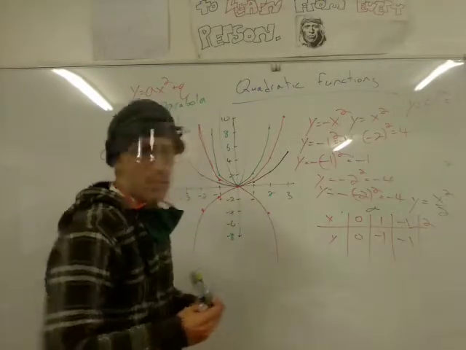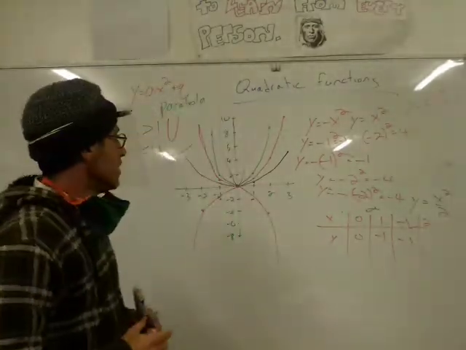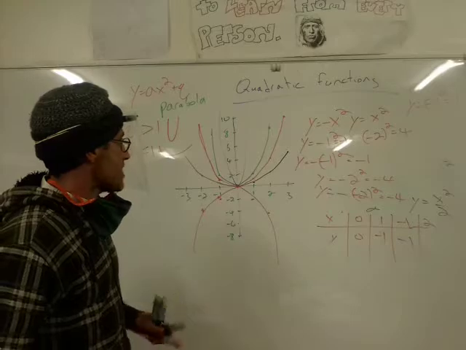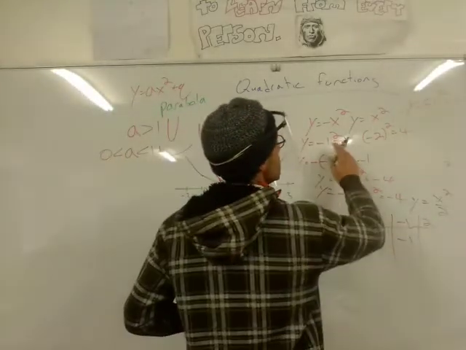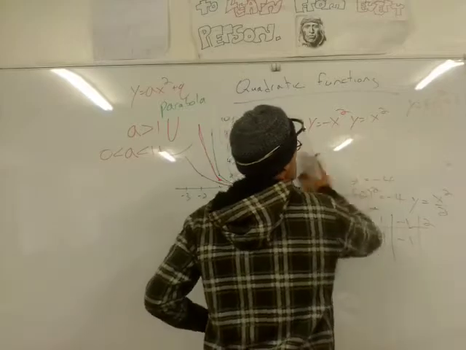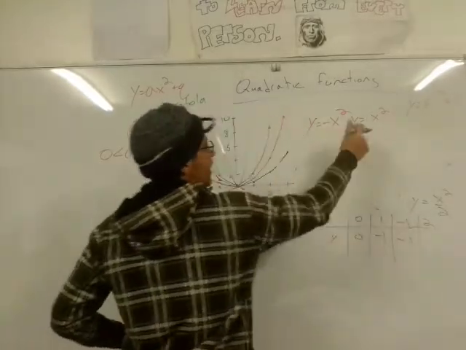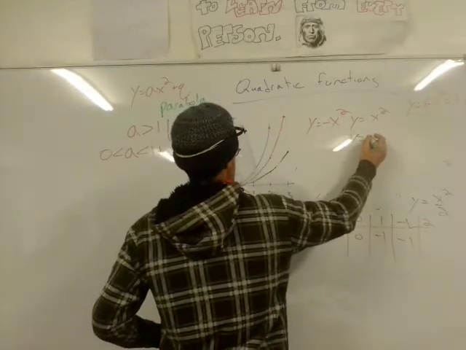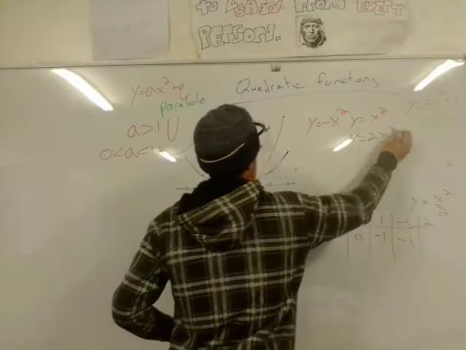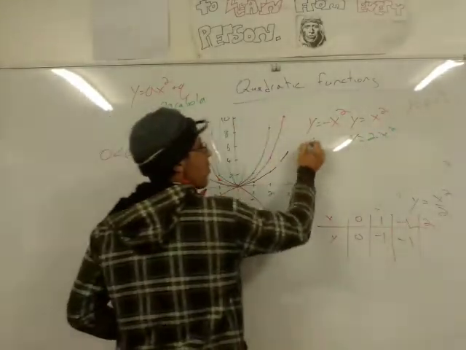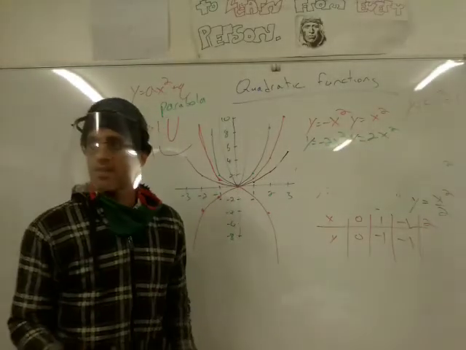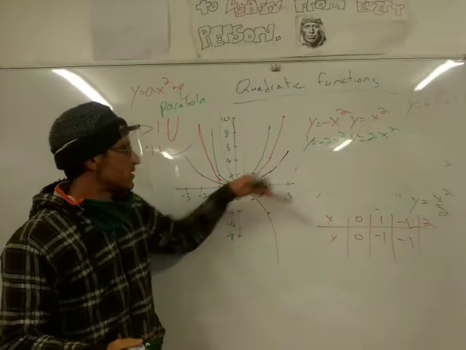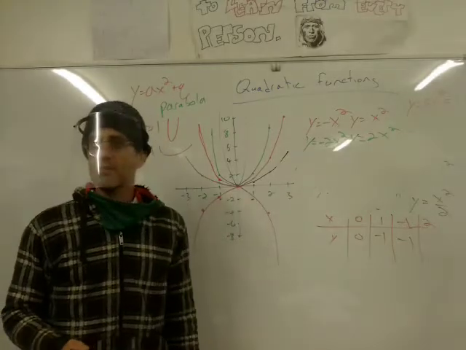This is getting a bit long. Without calculating, can we figure out what y will be? This was y equals x squared. Then we had y equals 2x squared, which was a narrow face. What will y equals minus 2x squared be? What do I need to do to this red to have minus 2x squared?